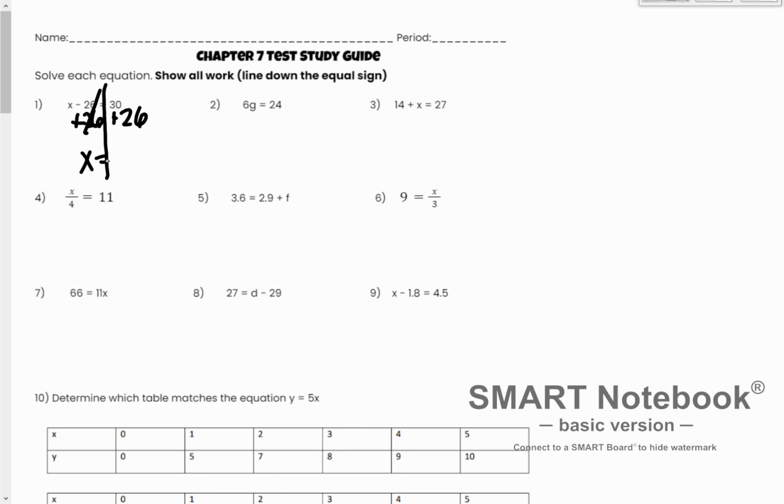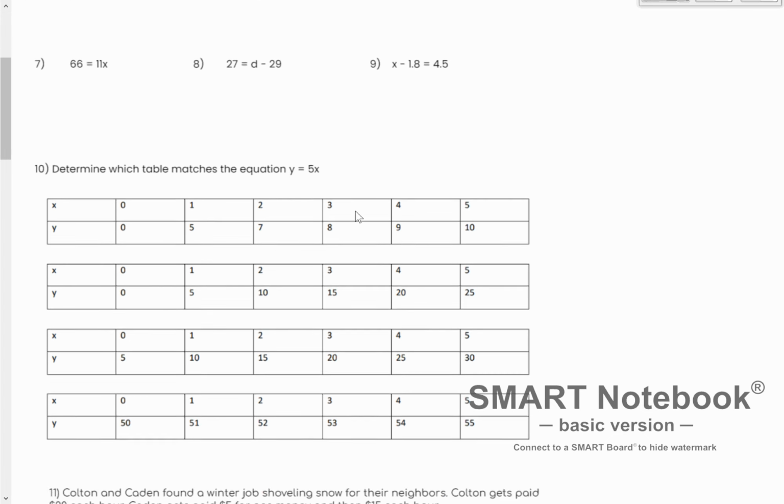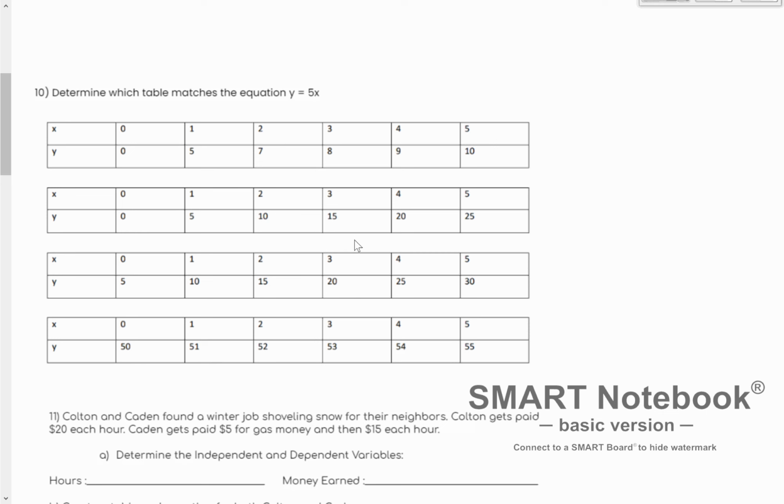That's 0. So x minus 0 is just x. Over on this side, 30 plus 26 is 56. Last thing we do is circle our answer. Okay, so that's what you're going to continue doing for the rest of these problems. If you have a question on an answer, you can always check with the answer key in class.